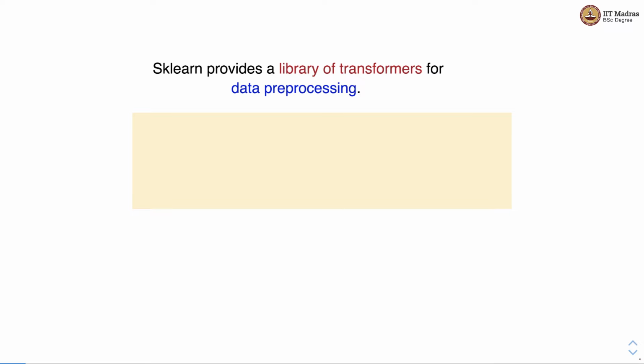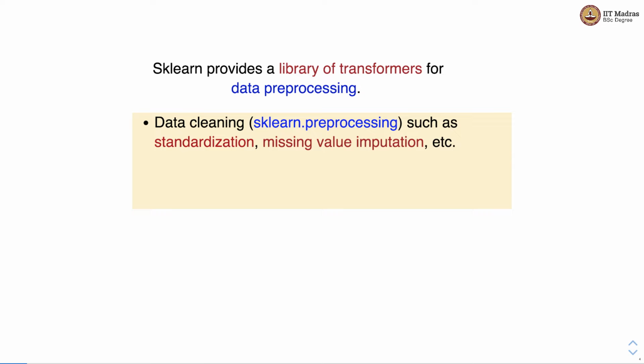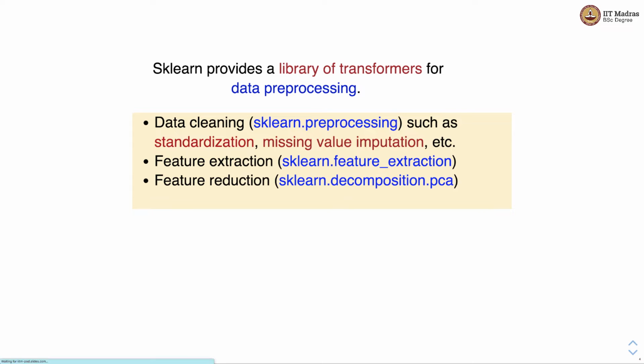So sklearn provides a library of transformers for data preprocessing. There are transformers for data cleaning. They come in the module sklearn.preprocessing, which has facilities for standardization, missing value imputation, feature scaling, etc. Then we have feature extractors. The sklearn.feature_extraction module has a bunch of feature extractors to extract features from different data types.